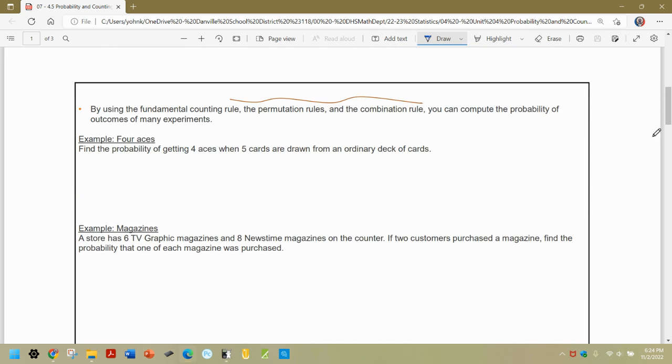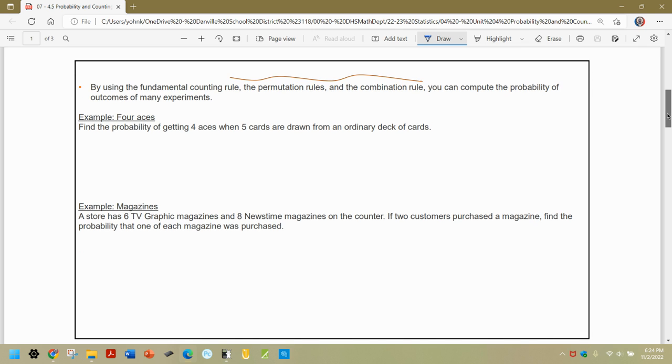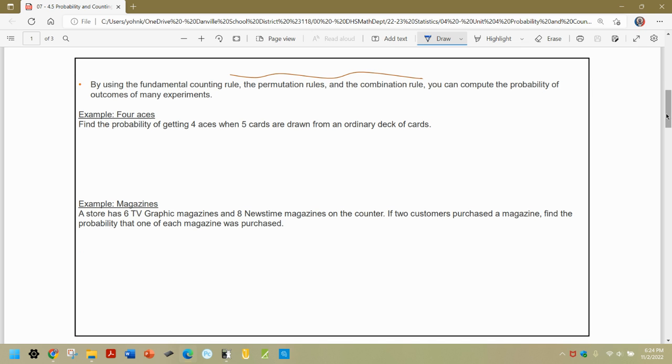So, by using the fundamental counting rule, the permutation rules, and the combination rule, you can compute the probability of outcomes of many experiments. For example, if I want to find the probability of getting four aces when five cards are drawn from an ordinary deck of cards, well, now we're going to be finding probability.